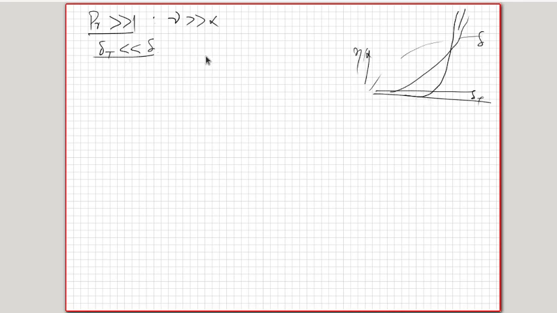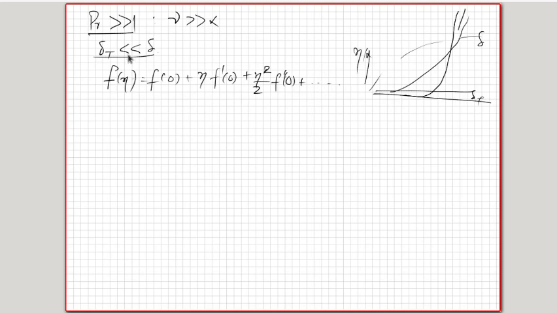So since eta is extremely small, I can write f of eta, I can expand it using a Taylor series in the vicinity of 0. So I'll get f of 0 plus eta into f prime of 0 plus eta square by 2 factorial into f double prime of 0 plus higher order terms.